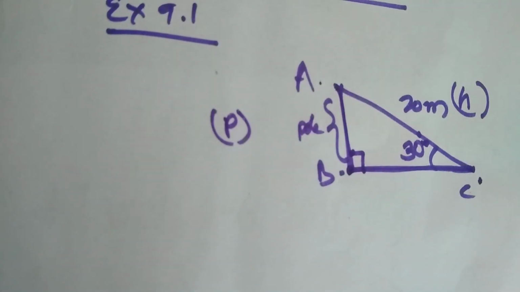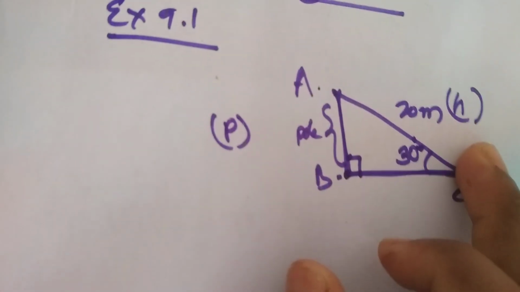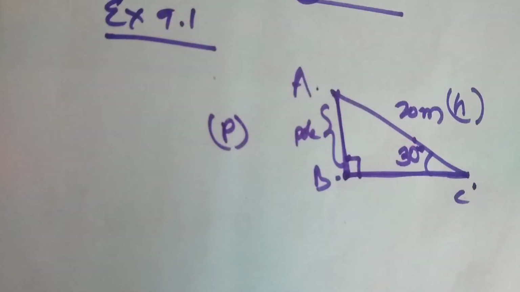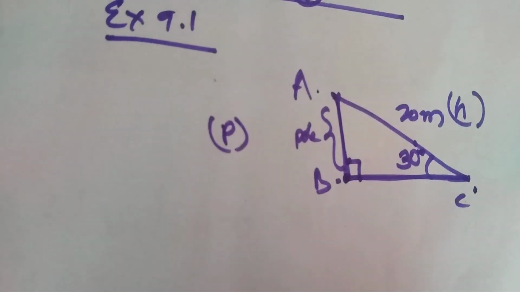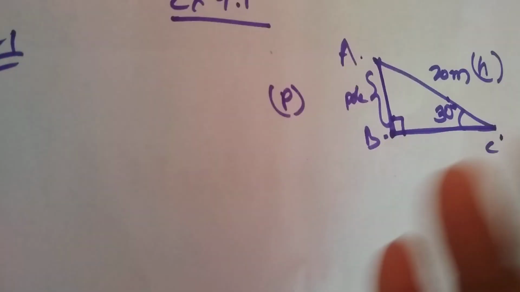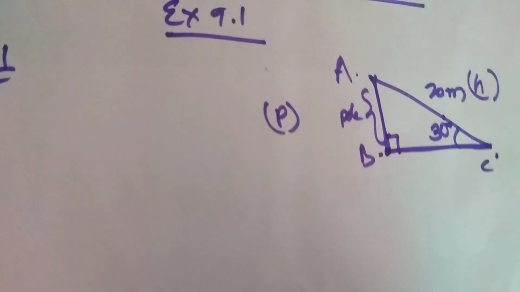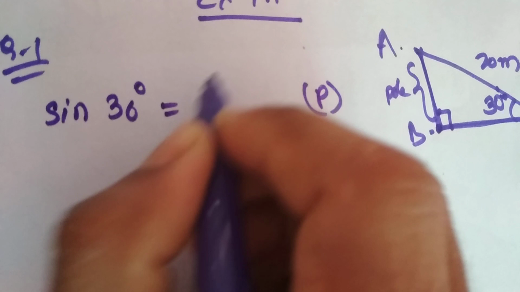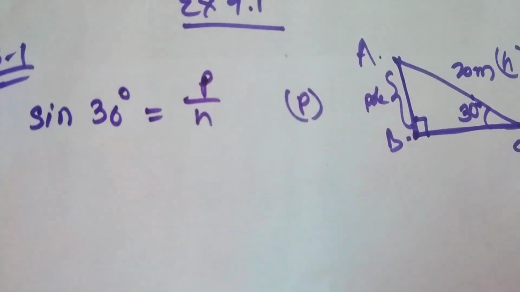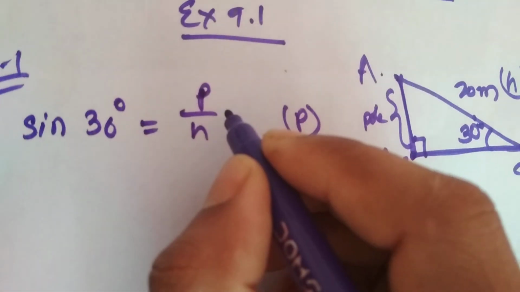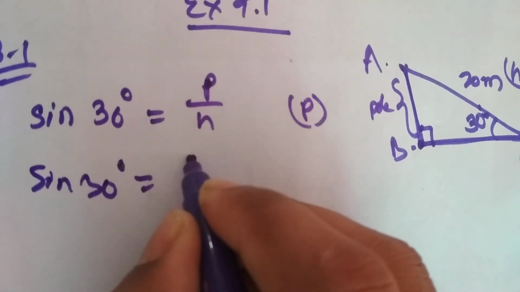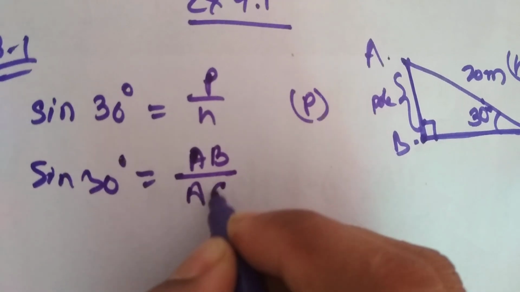So since we have the perpendicular, the hypotenuse and 30 degrees, which trigonometric ratio is the best possible to use? It is something like P by H, or you can use H by P as well. It is up to you. I'm directly writing, sin 30 degrees equals P by H. That means sin 30 degrees equals AB by AC.